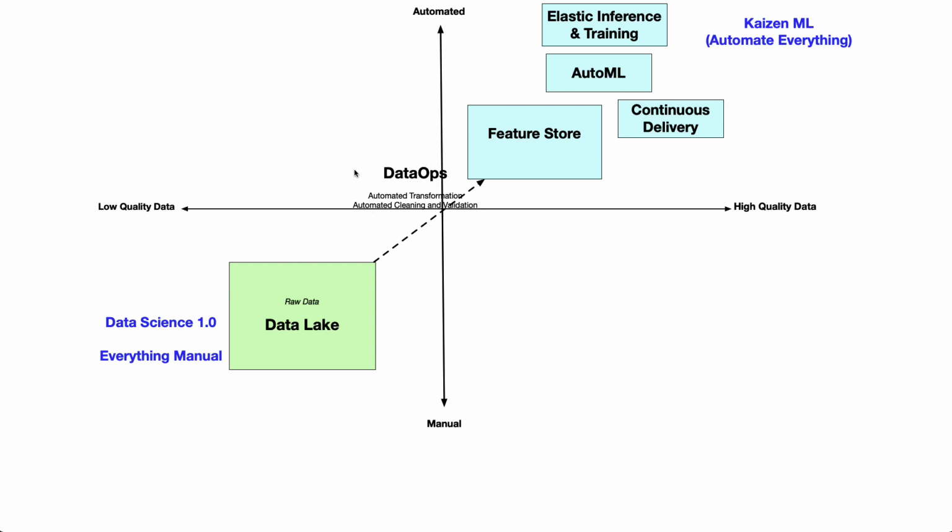And this is where DataOps takes place, right? Where you're saying, I want automated transformation, automatic cleaning, and validation. And what happens is that this creates a feature store. Once you're able to clean the data and build high quality features, you're able to automate every single part of the machine learning pipeline.